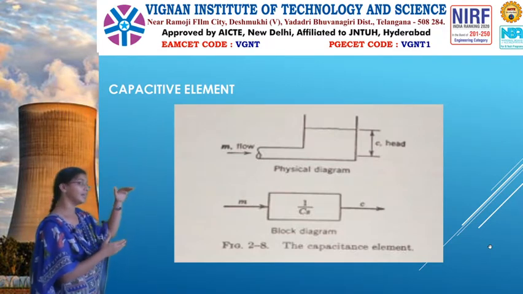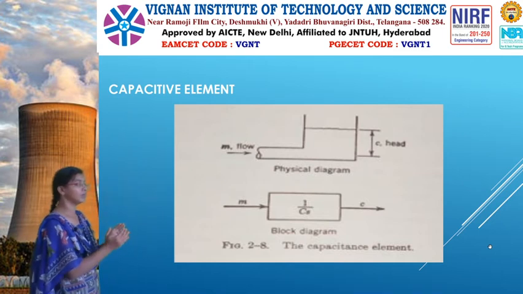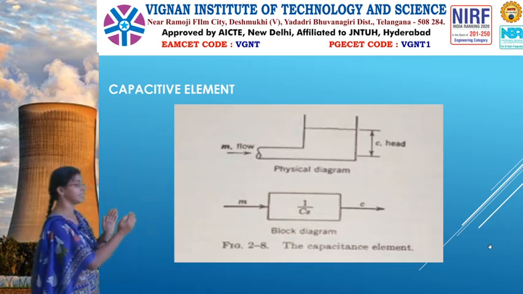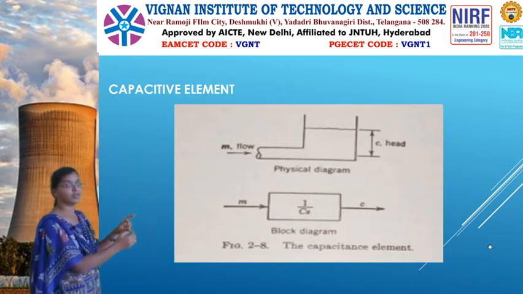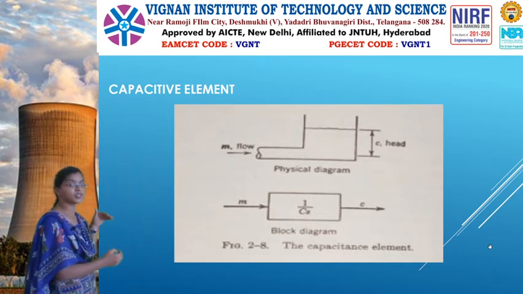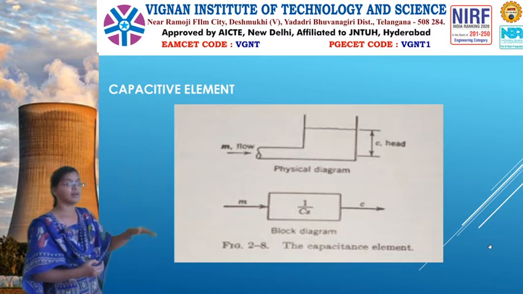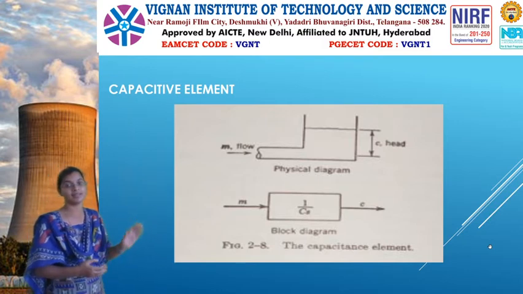So the entire system we are going to represent with a block. The block diagram has 1 by Cs as the constant written inside the block. The block has the input M, and we indicate c as the output.